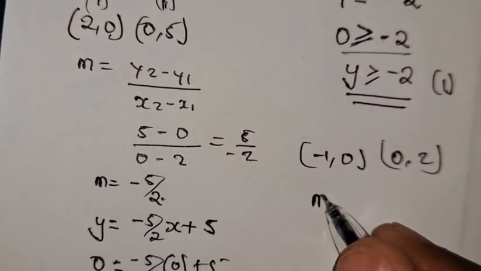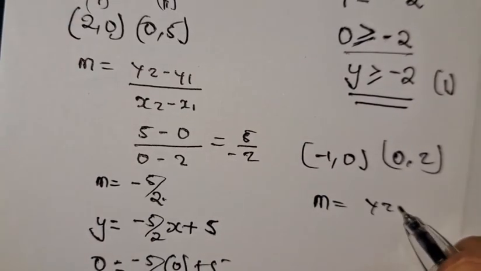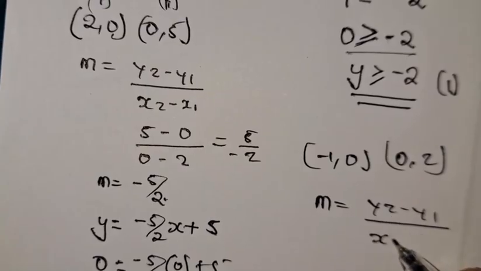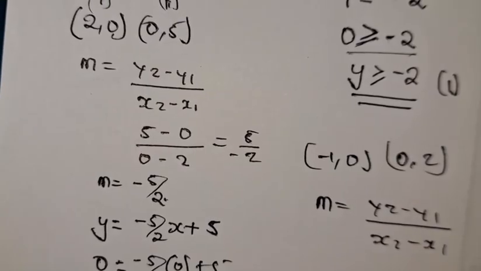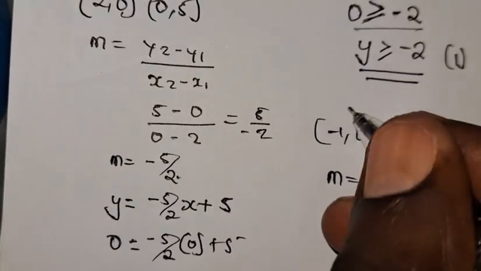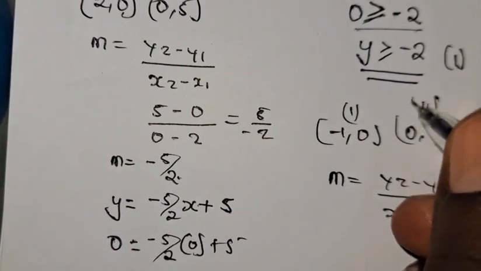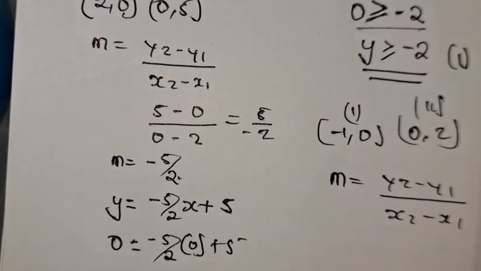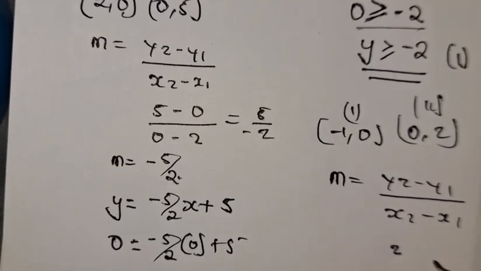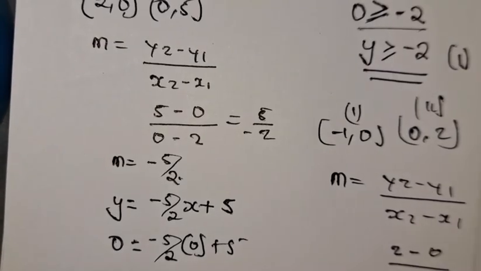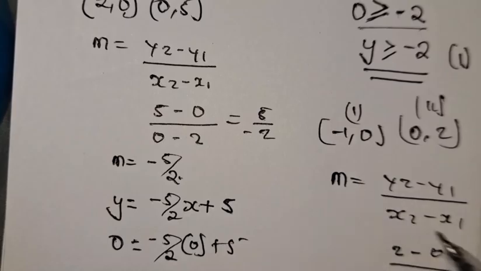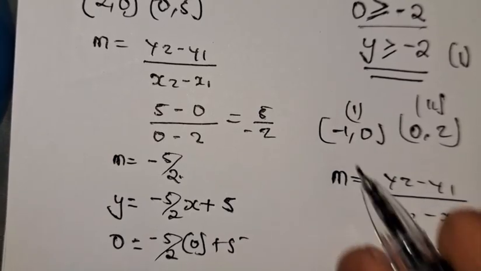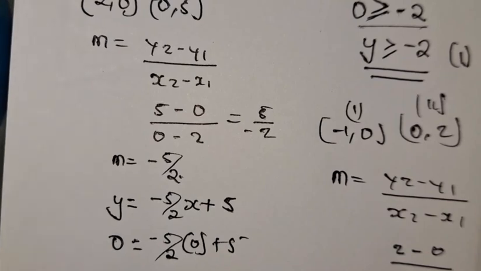Let's go ahead and find the gradient of this. So we say m is equal to y2 minus y1 over x2 minus x1. So what is y2? y2 is 2 minus 0 over, my x2 is 0 minus -1, which is just +1, right?